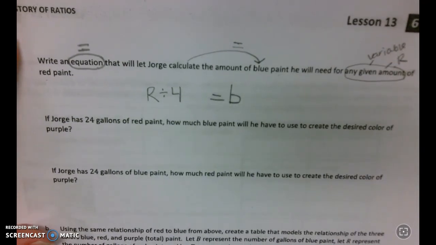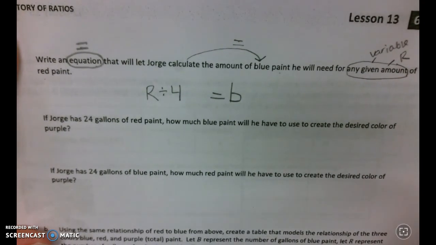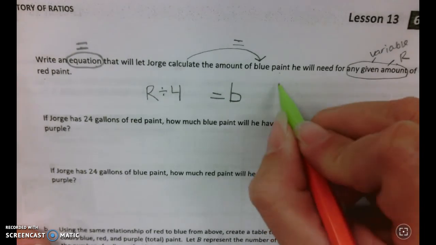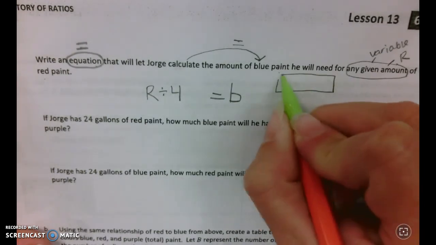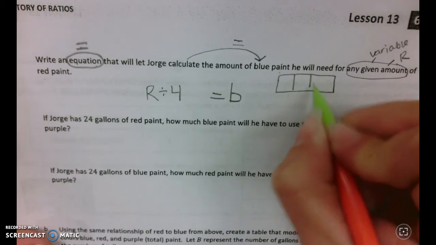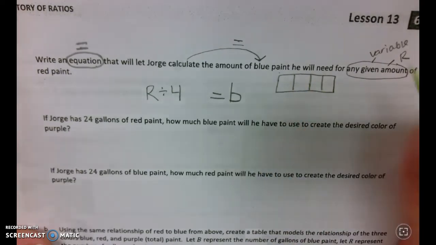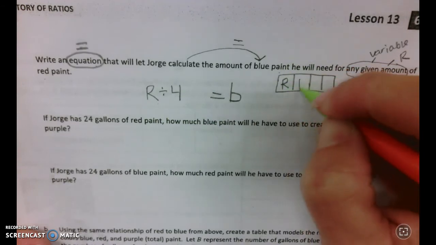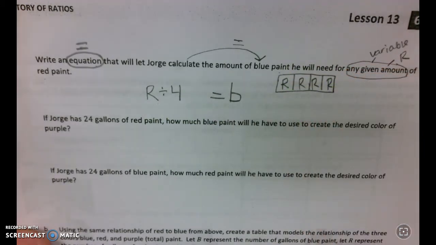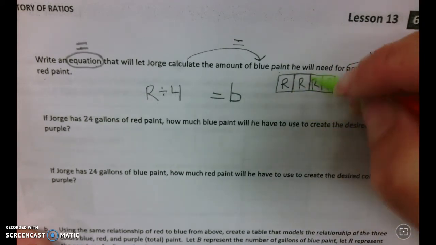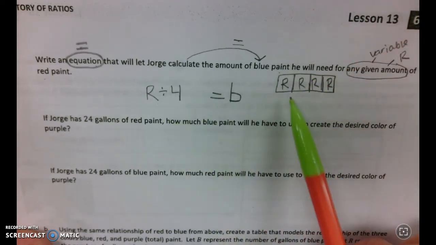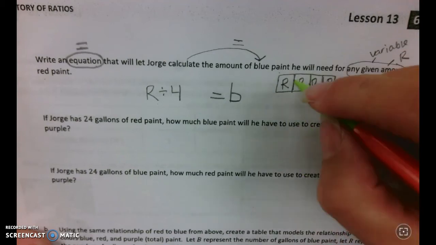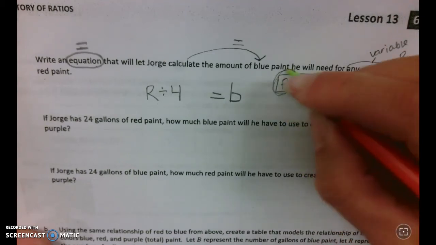Another cool connection here is if we had our red paint here, for instance, if we had 4 gallons of red, like our first line in our table, and I'm demonstrating it here, the blue would be 1/4 of this amount.